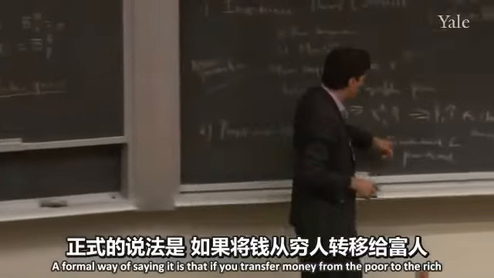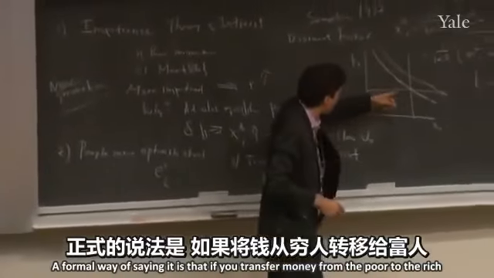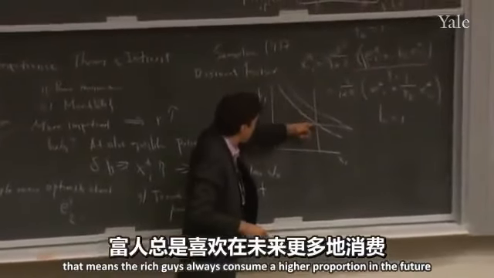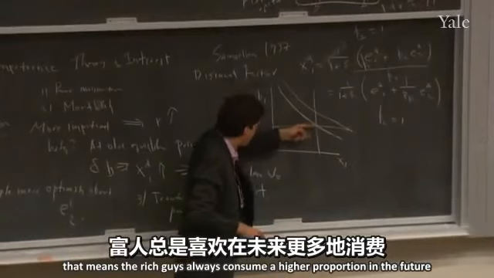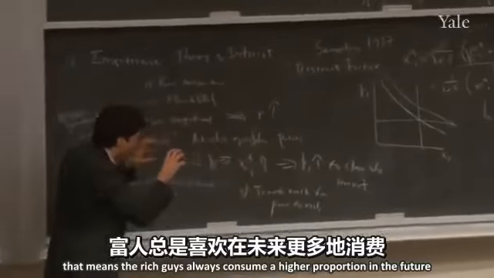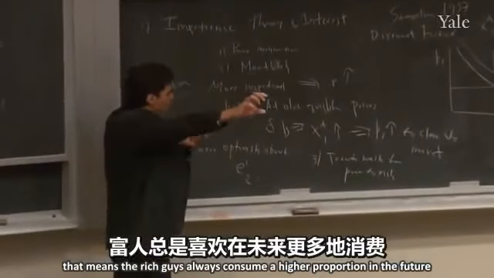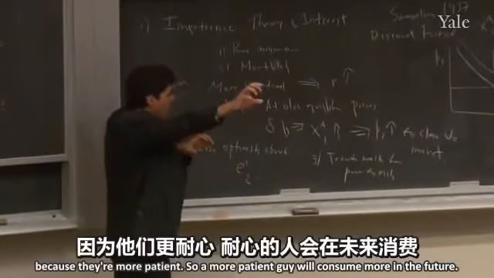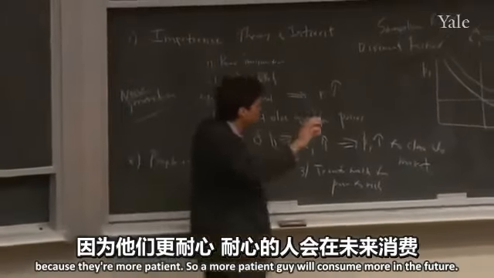Or a formal way of saying it is that the rich guys always consume a higher proportion in the future because they're more patient. So a more patient guy will consume more in the future.